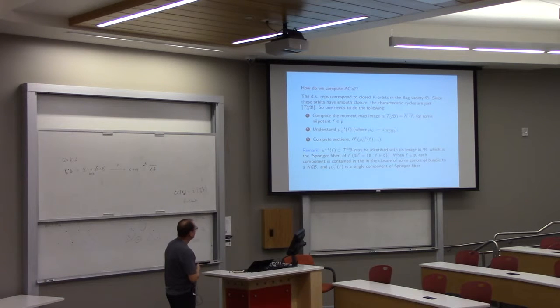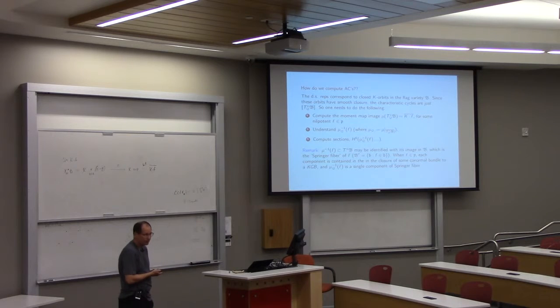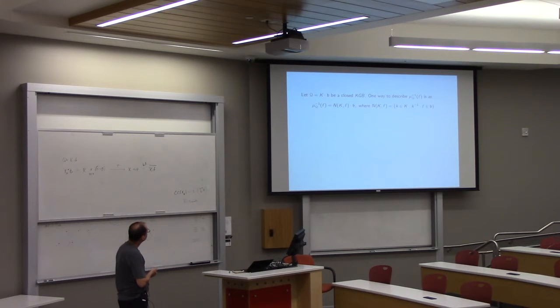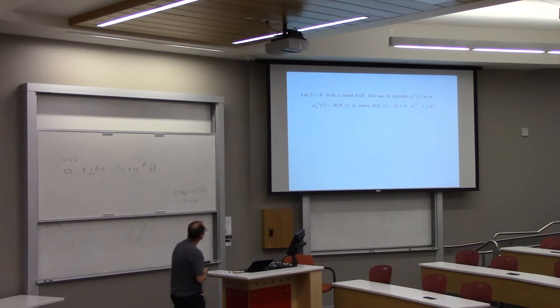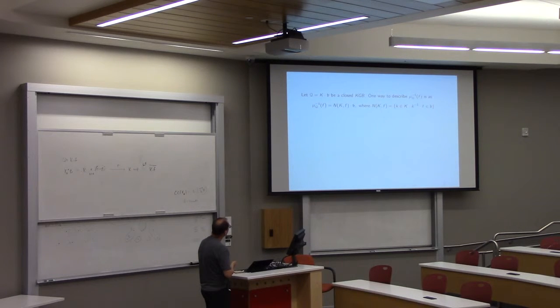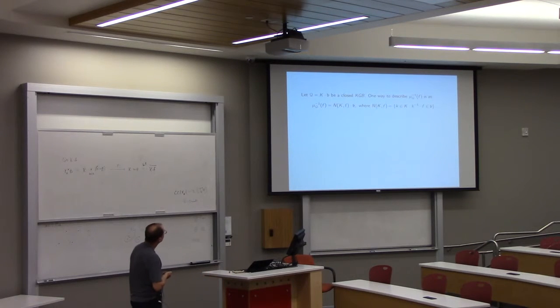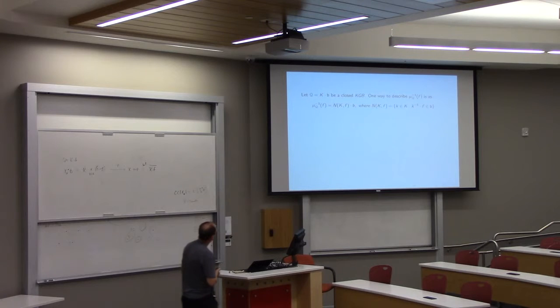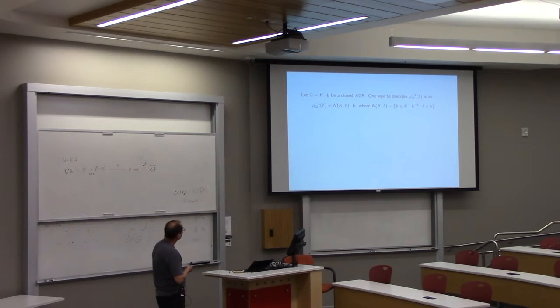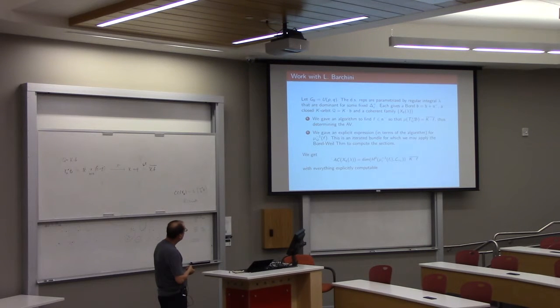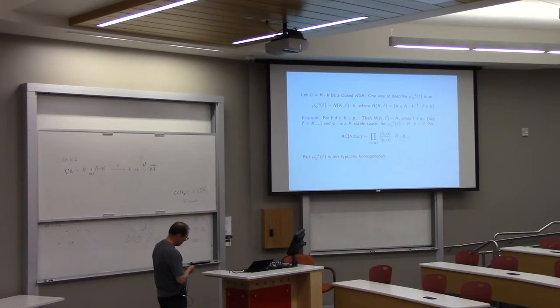And okay, so that's something that typically is not so easy to compute. Okay, so we take our closed orbit and we want to describe, what am I doing? Oh yeah, I'm getting ahead of myself. But we want to describe this inverse image of F, and one way to get started is to consider this set.